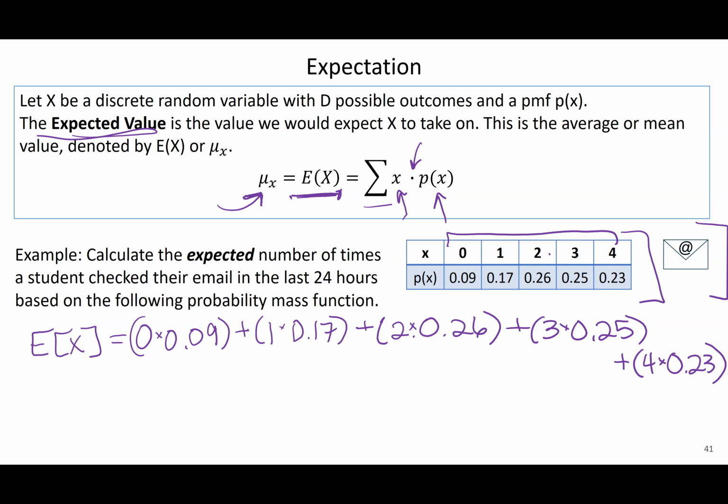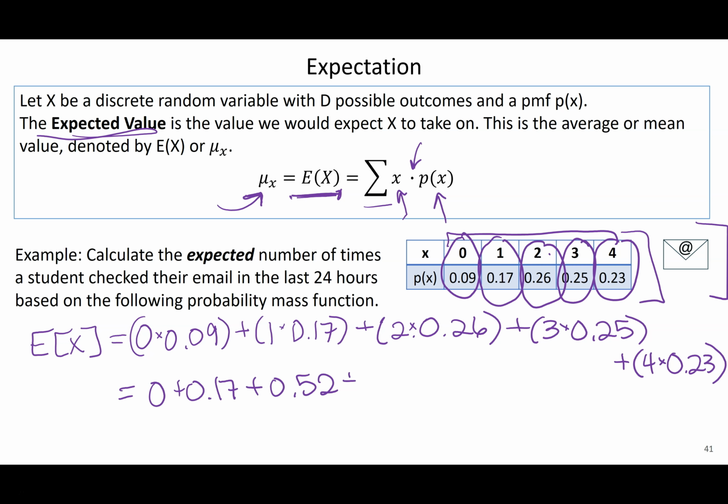So essentially what I did is I took the product of 0 and 0.09, plus 1 times 0.17, plus 2 times 0.26, plus 3 times 0.25, plus 4 times 0.23. So I really like the first couple: 0 plus 0.17 plus 0.52 plus 0.75 plus, I think, 0.92.